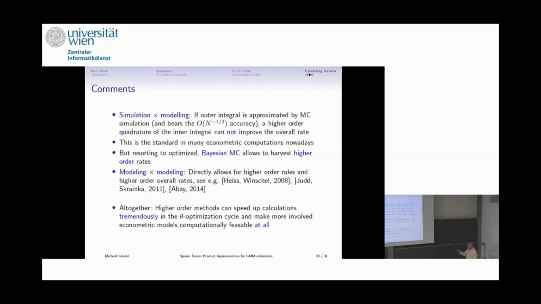But here we apply numerics and have a good chance to get really fast rates in a lot of applications. Not in all, but in a lot of them. So this means complicated econometric models, which cannot be computed practically by Monte Carlo because of the long wait, months of waiting, can be done in a few seconds if you have the higher order approach, and that works.